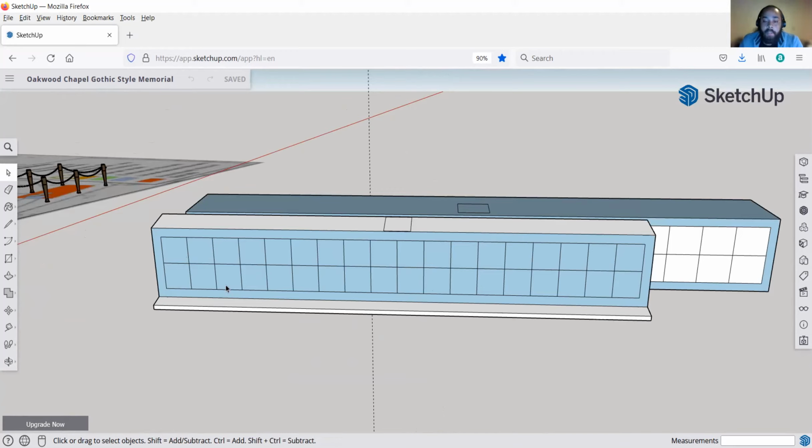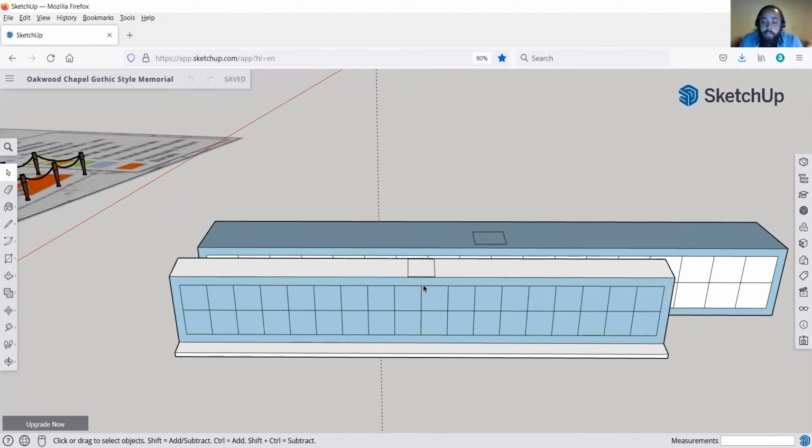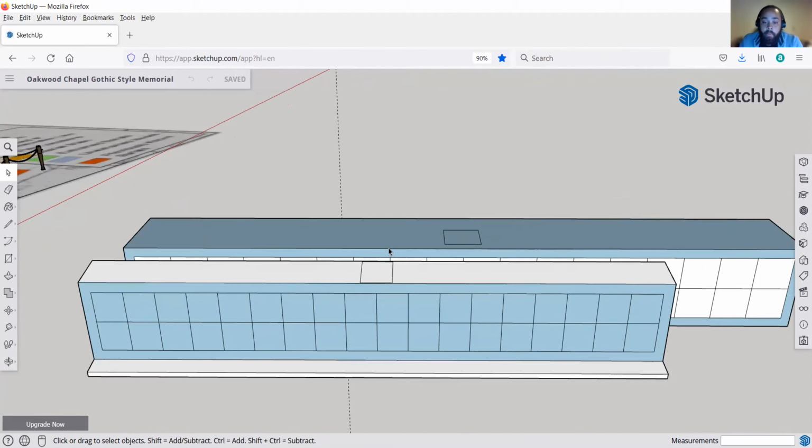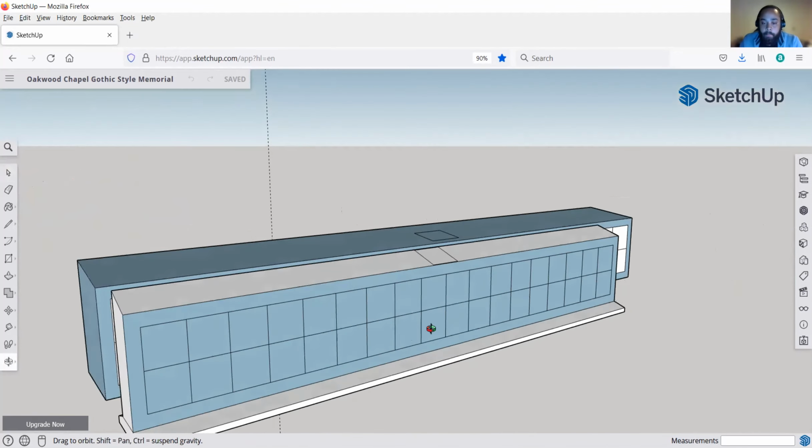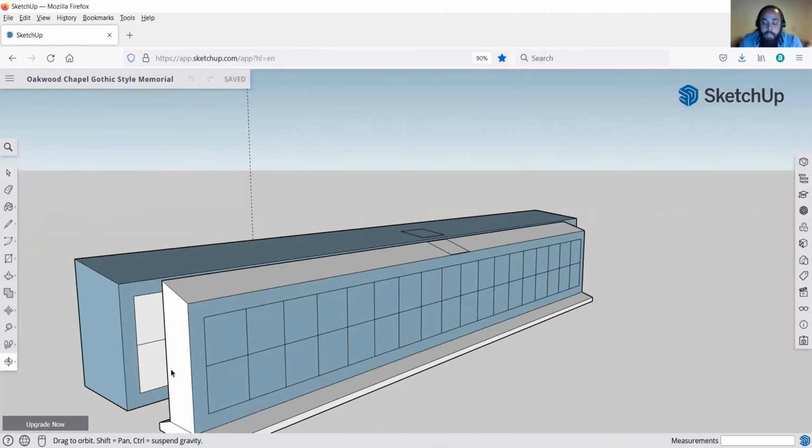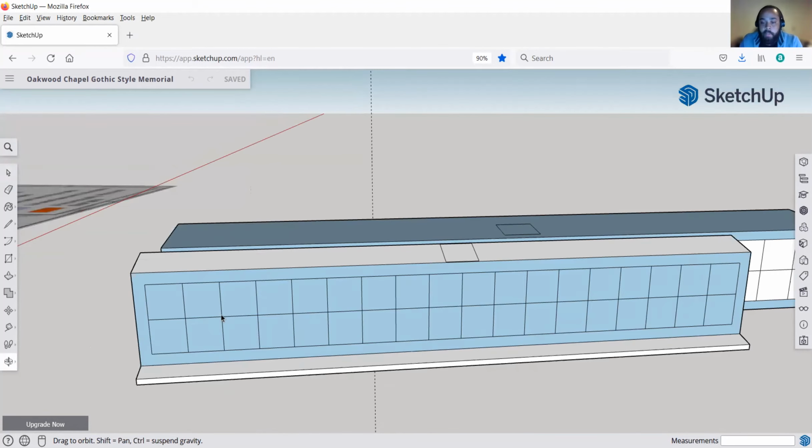As far as the number goes, we have 36 individual vaults here, and then a representation of this 37th, since there were no remains involved with that burial. And so you could represent it as a part of this monument. And so this was kind of my first iteration of that.